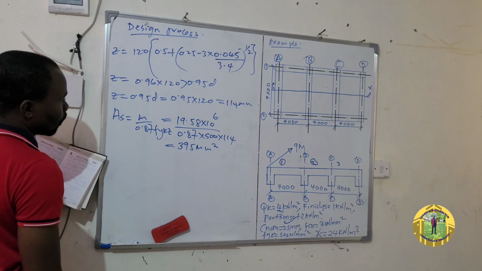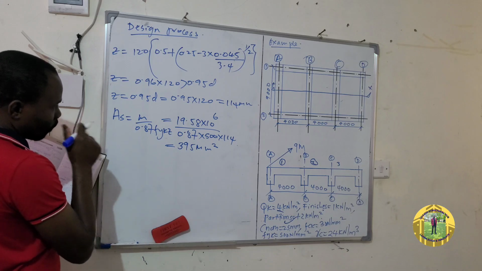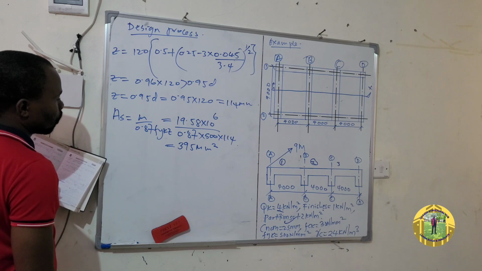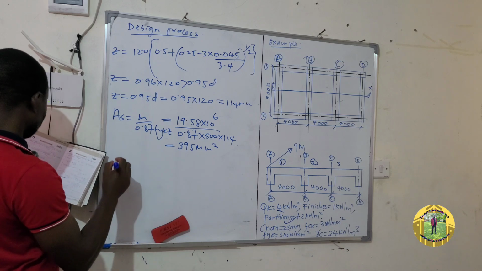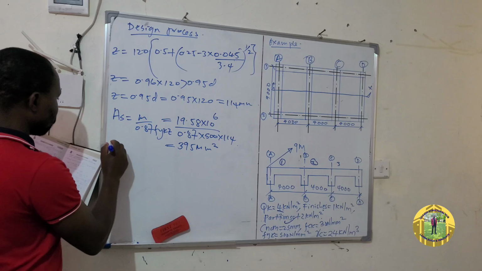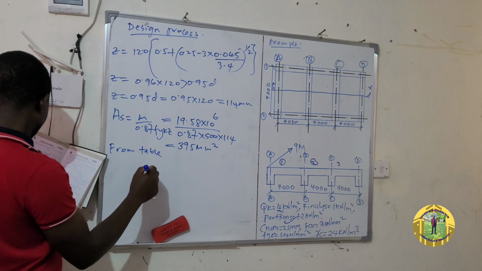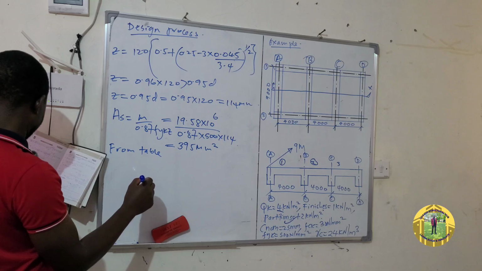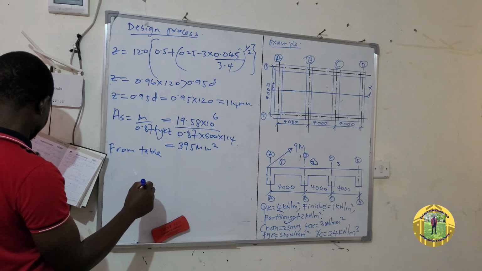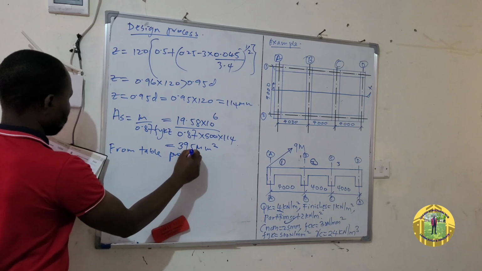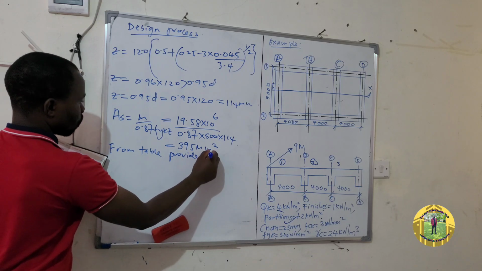And then from the table, I hope you know how to convert this area into the size of bars and their spacing. So if you don't know, you can let me know through the comment section. So from the table, provide H10.